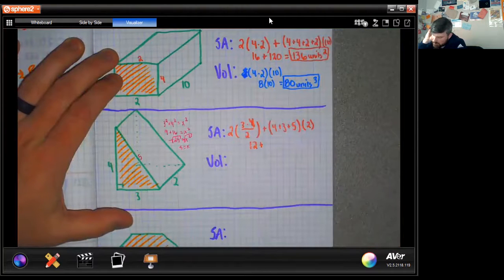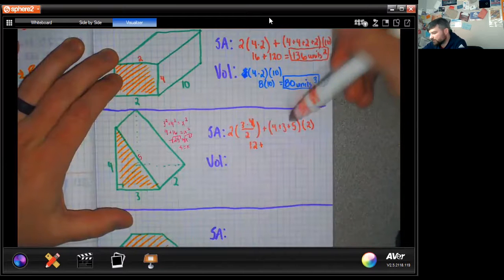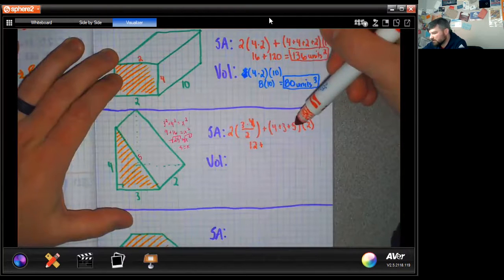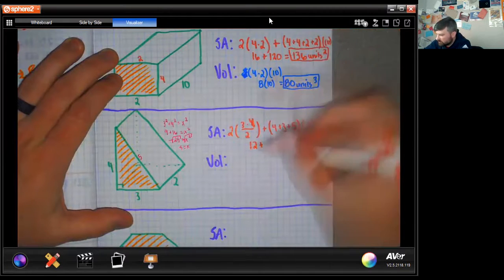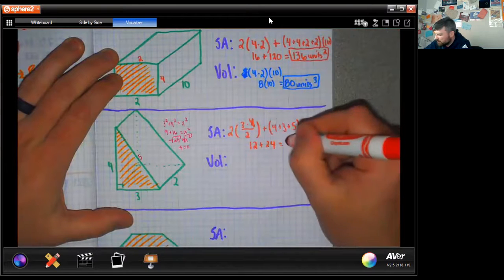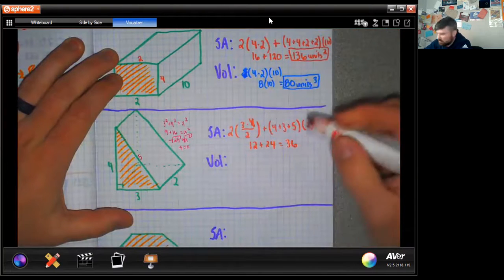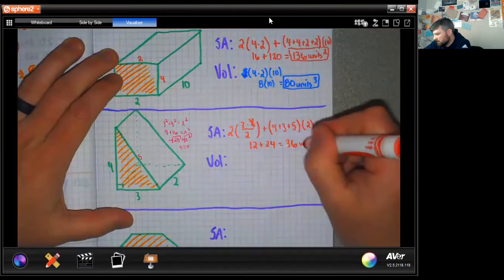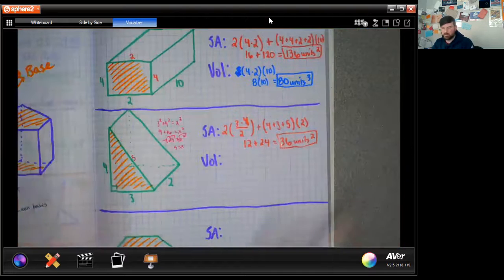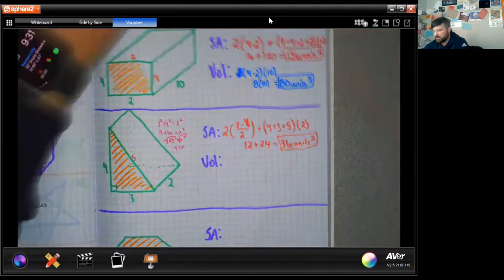If I add those up, I get 12. So 4 plus 3 is 7. 7 plus 5 is 12. 12 times 2 is 24. And 12 plus 24 is 36. And that would be units squared. They didn't give us a label or anything for that example.